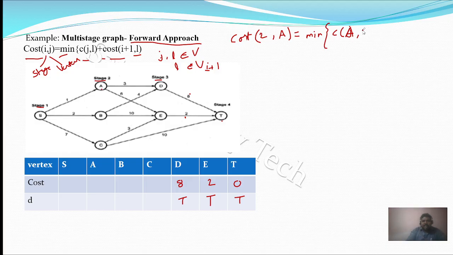Now you can see A to D plus cost of I plus 1.